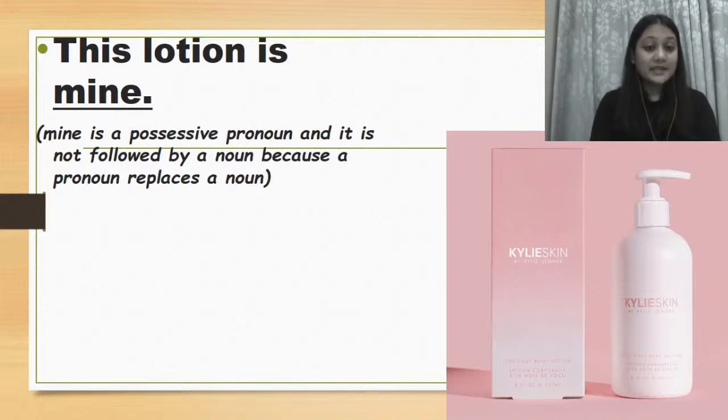What does it do? It actually replaces the noun. Clear? Now, here, this lotion is mine. Lotion here is a noun, but after that we have got the linking verb, that is. After that we have mine. So we don't have a noun followed by mine. That is why this is definitely going to fall under the category of possessive pronouns. Clear?